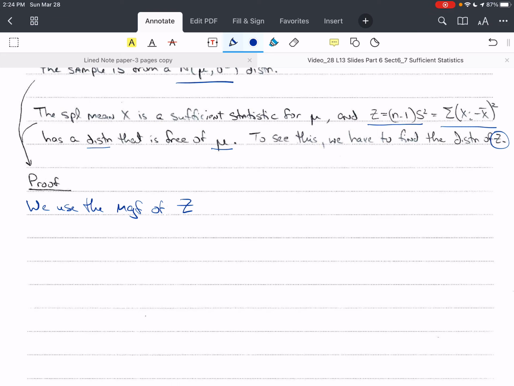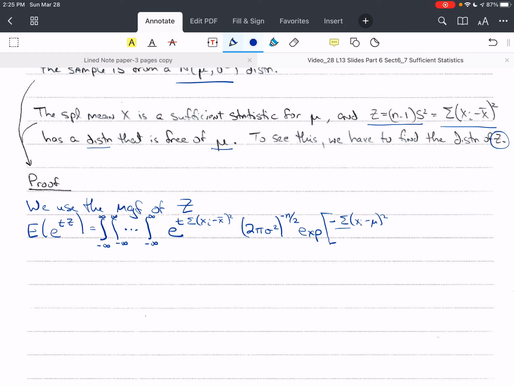of Z. So we have E of e to the tZ is equal to, now we have all these random variables, so for every random variable we have an integration from negative infinity to positive infinity, dot, dot, dot, and we have e to the tZ, which is the sum of (xi minus x bar) quantity squared, times (2 pi sigma squared) to the negative n over 2, exp of the negative sum of (xi minus mu) quantity squared over 2 sigma squared.